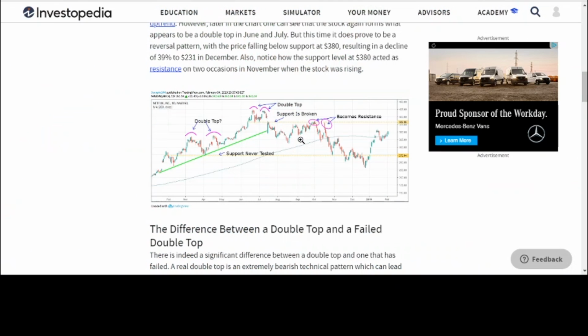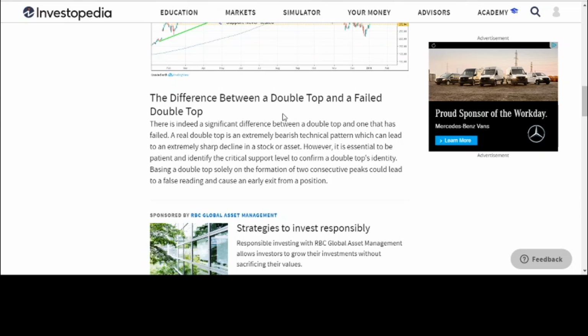I guess the difference between a double top and a failed double top is indeed significant. A real double top is an extremely bearish technical pattern which can lead to an extremely sharp decline in a stock or asset. However, it is essential to be patient and identify the critical support level to confirm a double top's identity.